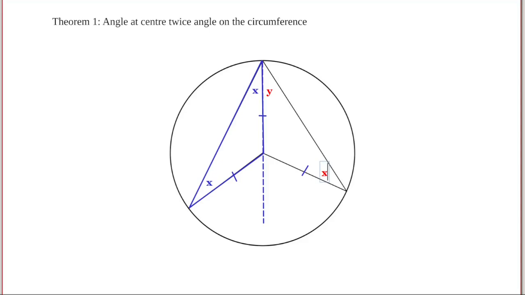Now let's review some theory on angles of a triangle before we move further.